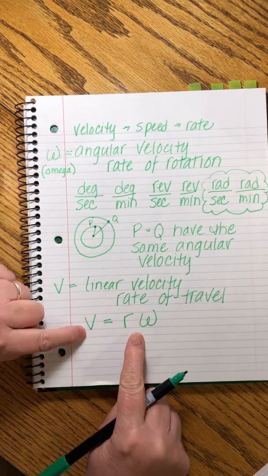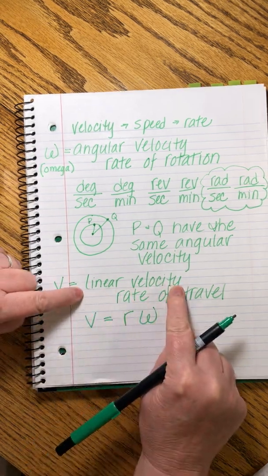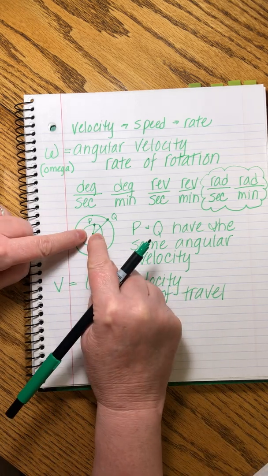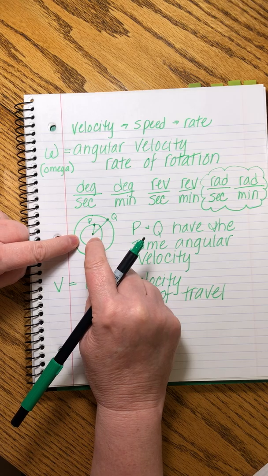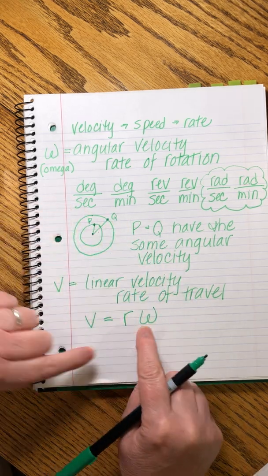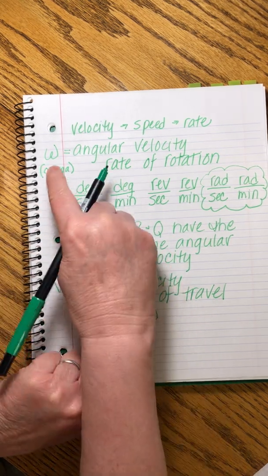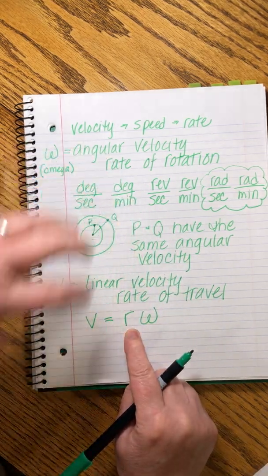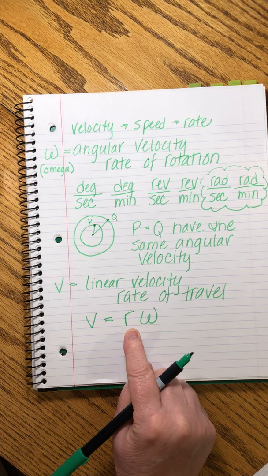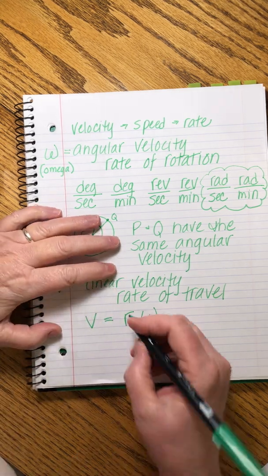Okay, so that's what I was saying: this idea takes into account how far they are from the center of the circle, and the one that's farther out is going faster. That's why we multiply the angular velocity, which we said is the same, times the radius, which takes into account that one's farther out than the other. So let me just identify this.